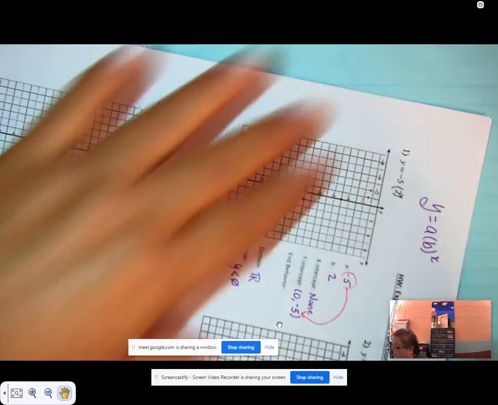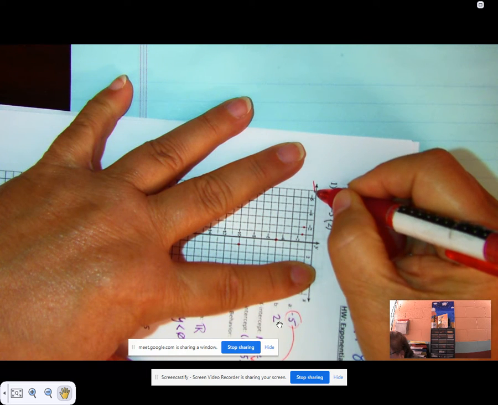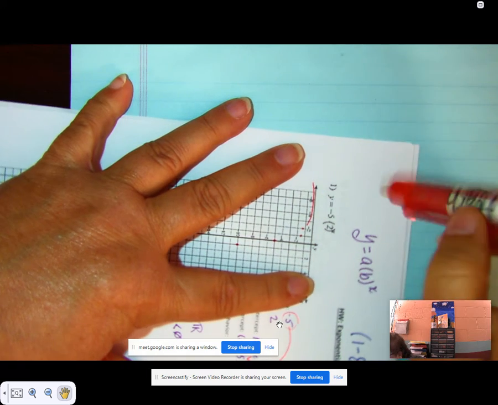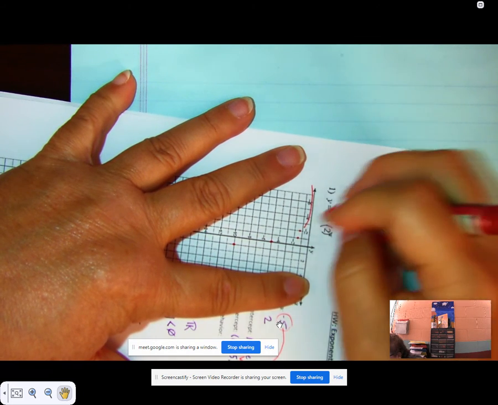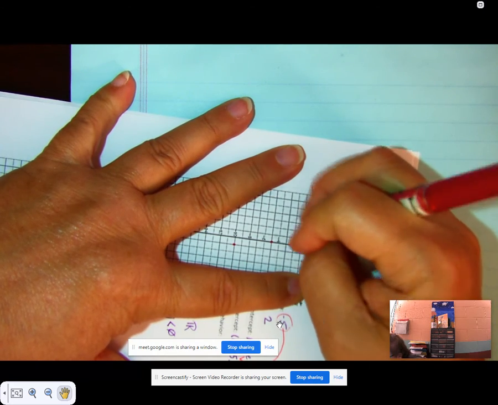So when I graph that, I'm going to turn it sideways so I can get really close to that x-axis. Just don't touch it. And then I'm going to bring that point down just a little bit.